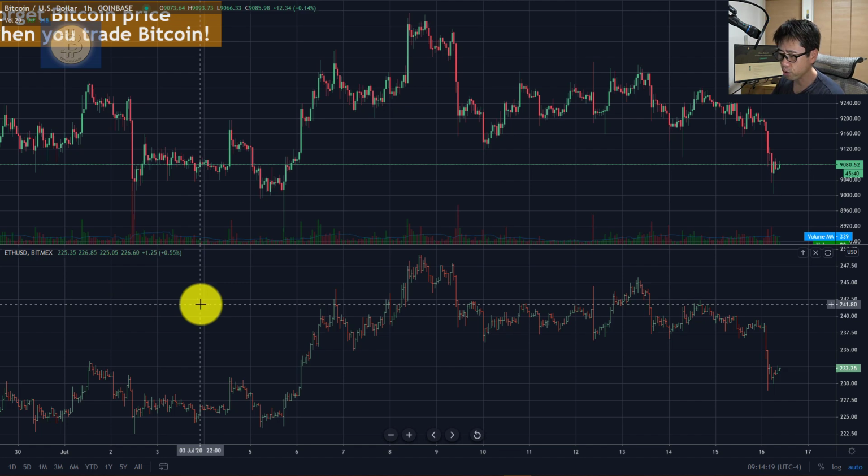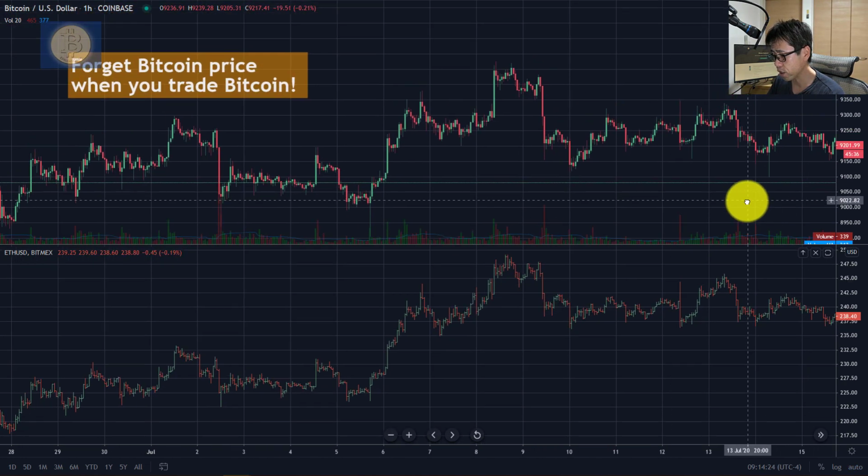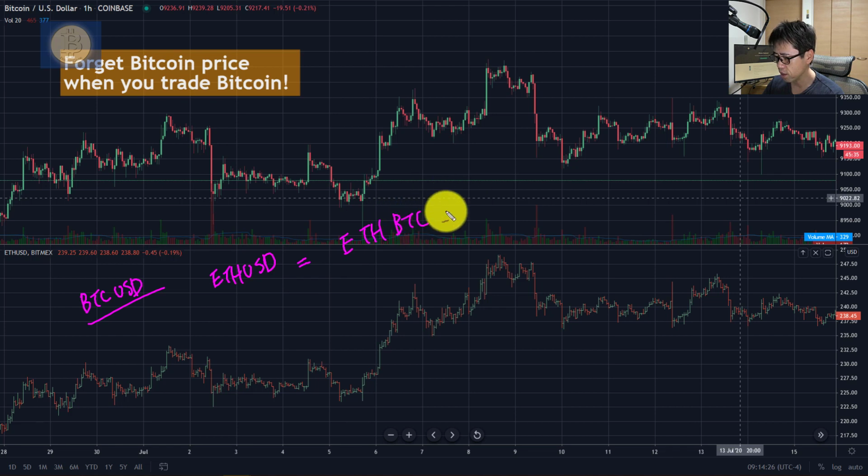Before we go into detail, I want to follow up with a little bit of background on the trading pairs. We usually think that BTC USD is the major pair, and this is right. The EtherUSD price is pretty much a cross pair of Ether BTC multiplied by BTC USD.